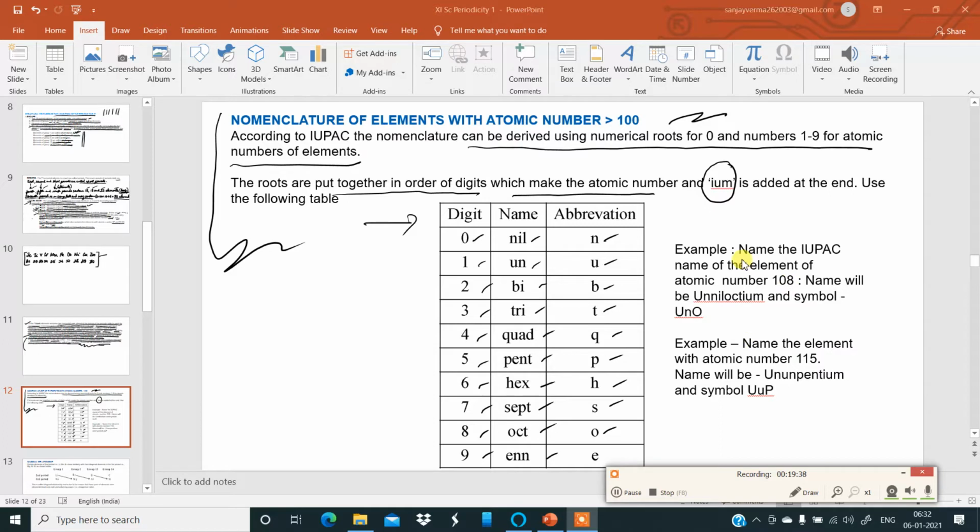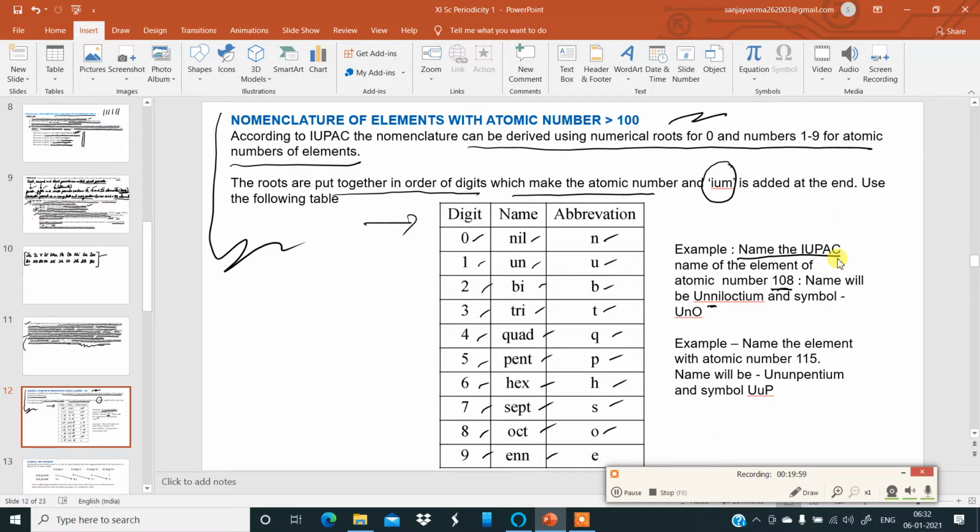Let's do an example. Name the IUPAC name of the element with atomic number 108. 1 is what? Un. 0 is what? Nil.